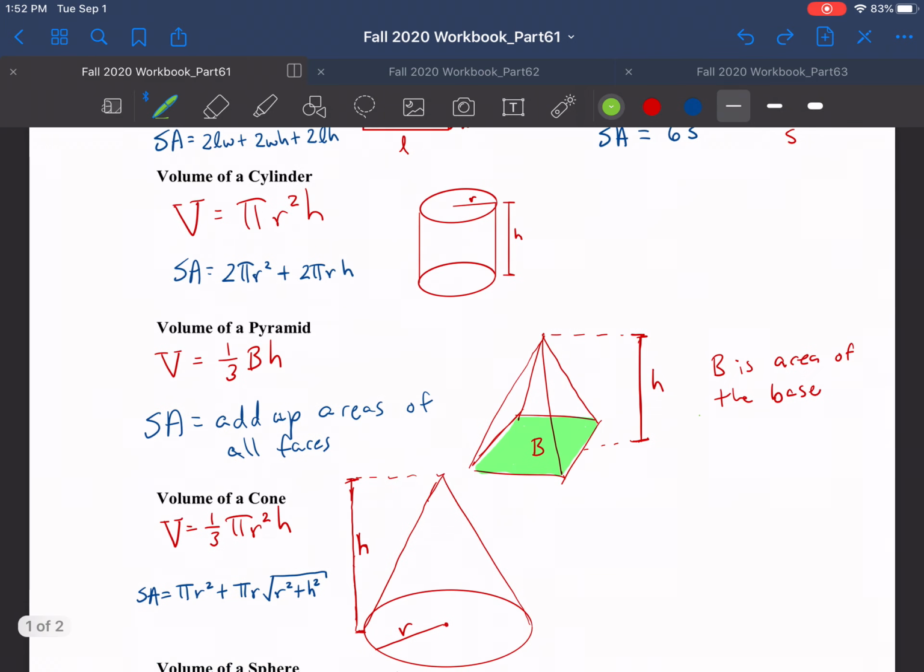Here we have r squared, so that's like r times r times the h there, so that's length, length, length. So that gives us some sort of length cubed, meters cubed, centimeters cubed, or something like that. And if you look at each one of these, it's an r squared, so that's an r times r. And here's an r times h, so that's a length times a length. They're both length times lengths. So that gives us some sort of length squared, meter squared, or whatever. Over here for the volume, we have the area of the base, but the area of a base is going to be a length times a length.